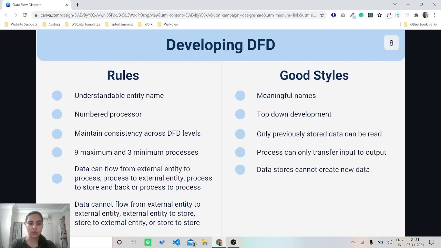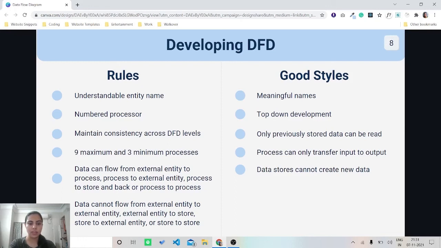Data can flow from external entity to process, process to external entity, process to store and back, and process to process. But data cannot flow from external entity to external entity, external entity to store, store to external entity, and store to store.